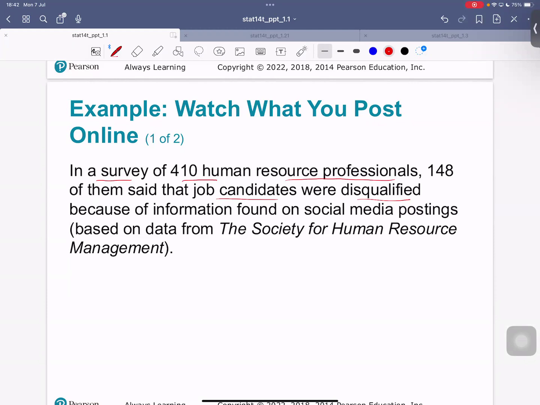In this case, the population will be all students in our class, right? The sample here, what do you think? What is the population and the sample in this case? So the population here should be all students studying.